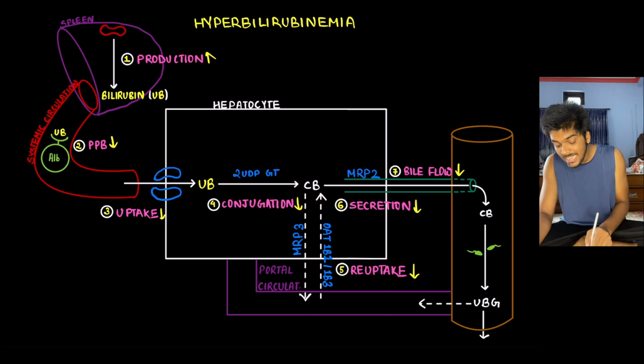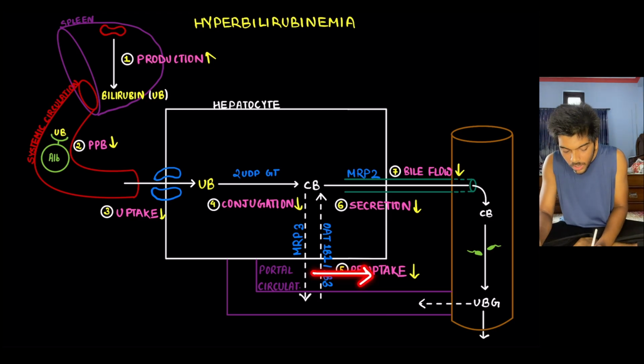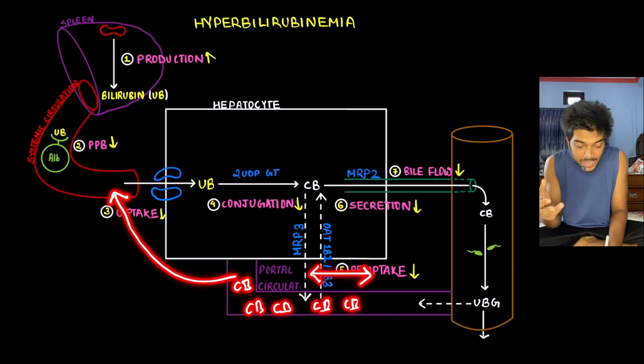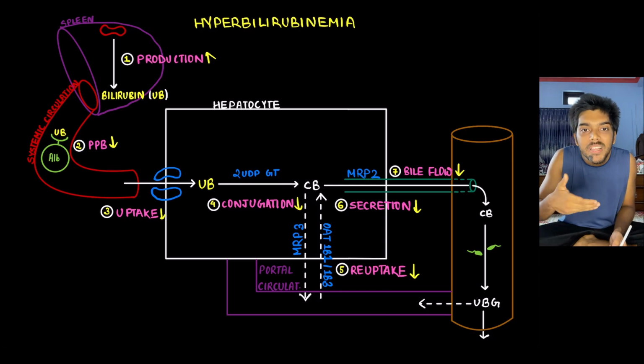But then this leaked conjugated bilirubin is reuptaken with the help of OAT1B1, 1B3 transporter. Let's say this reuptake does not take place. So now all the conjugated bilirubin will get accumulated in the portal circulation, and eventually from there it will enter the systemic circulation, and now you have increased level of conjugated bilirubin, conjugated hyperbilirubinemia.